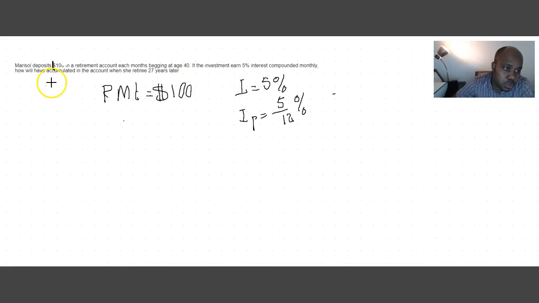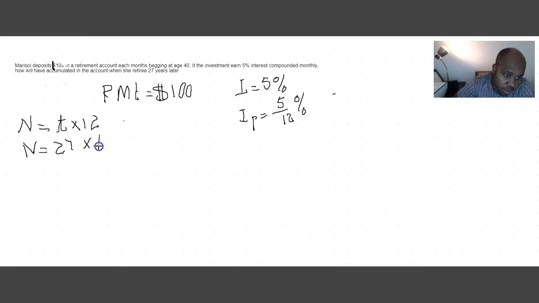So how much will have accumulated in the account when she retires 27 years later? What about the N, the number of periods? The number of periods is going to be the time, 27 years, times 12 months.